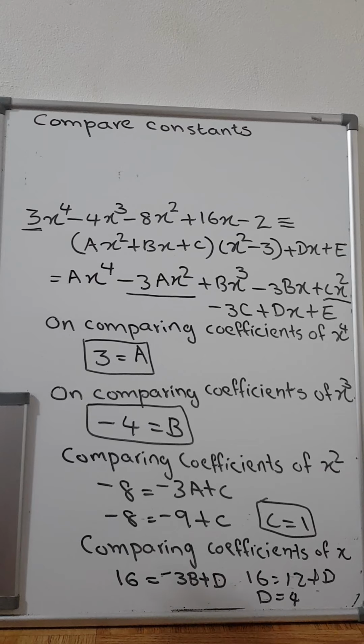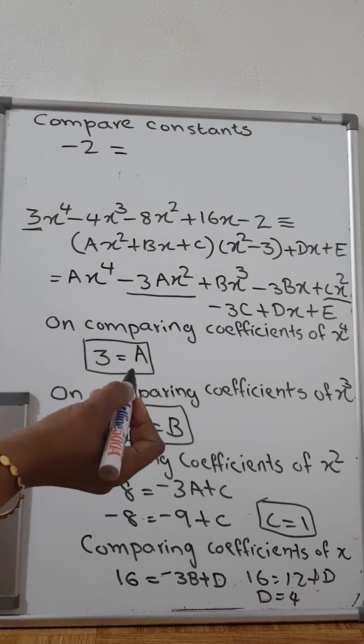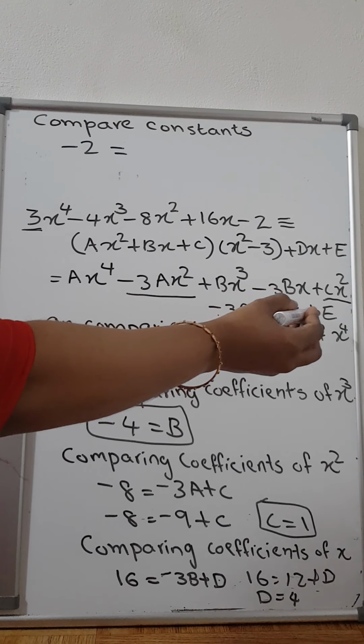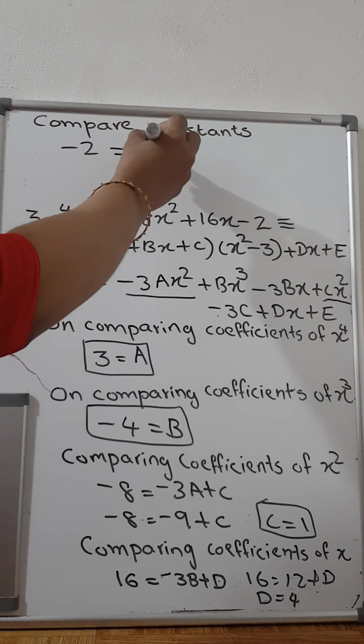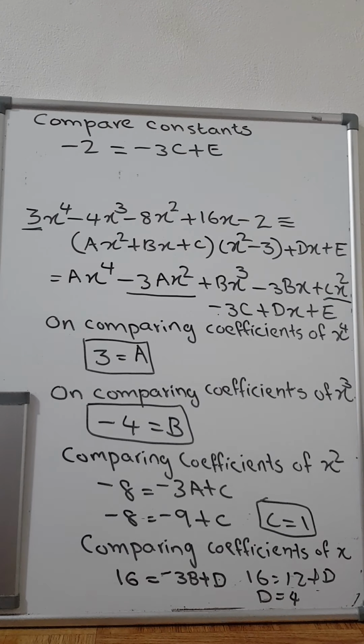On the left hand side we have minus 2. On the right hand side, we have minus 3c plus e.